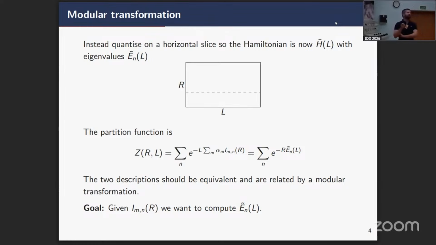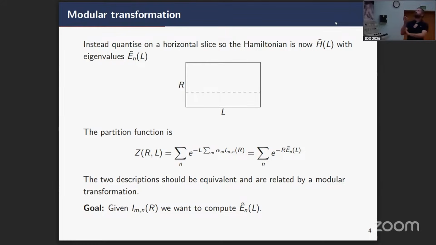Now, there was no reason a priori that I should have chosen to quantize on a vertical slice. Instead, I could have quantized on a horizontal slice. Now I have a different Hamiltonian that I'll denote H tilde, which depends on the length L, and has eigenvalues E tilde. This time, the partition function is the sum over these E tilde energies, exponentiated. But it's exactly the same system, so there should be an equivalence between these two partition functions.